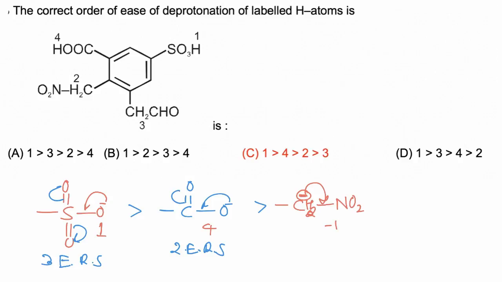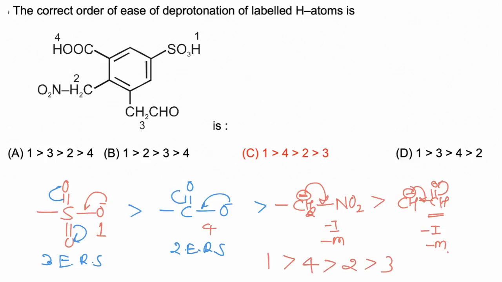NO2 has a stronger minus I and minus M effect, so it will stabilize more, while CH negative CHO is least stable because CHO is comparatively less electron withdrawing, having less minus I and less minus M effect. So the first is most acidic, then 4, then 2, and then 3, and hence the correct answer is C.